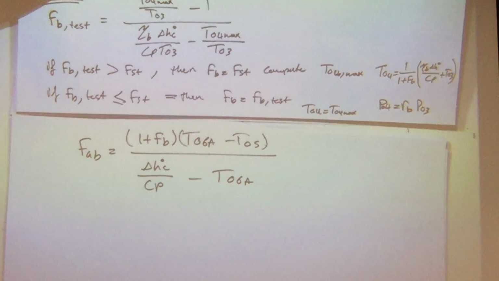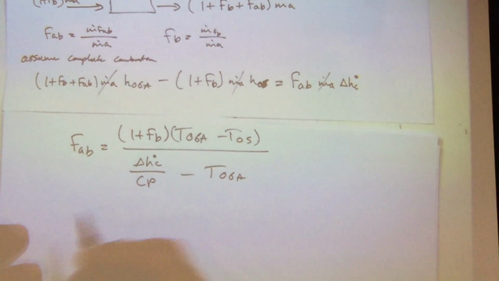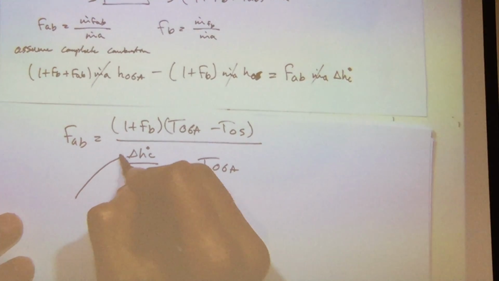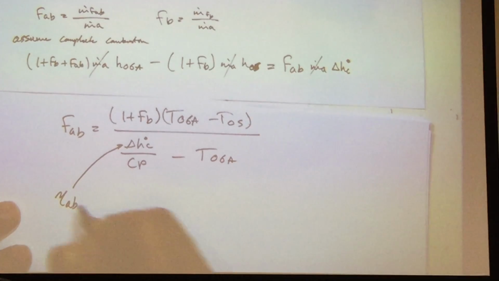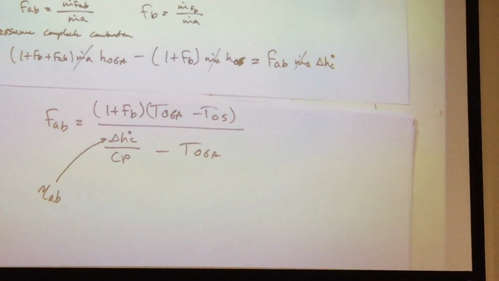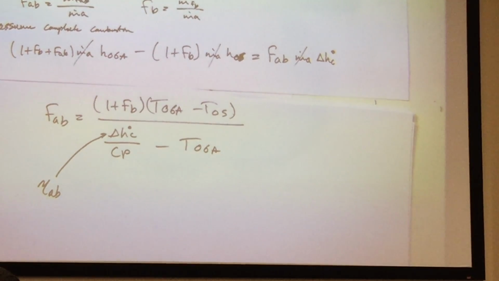The difference is I don't have my efficiency, so if you want to add the efficiency right here, you could say efficiency of the afterburner multiplied by the heat of combustion.